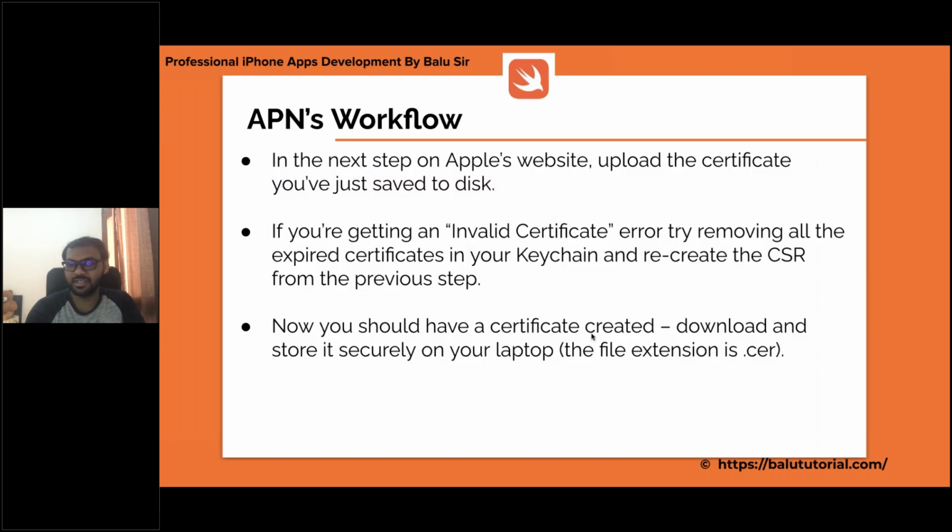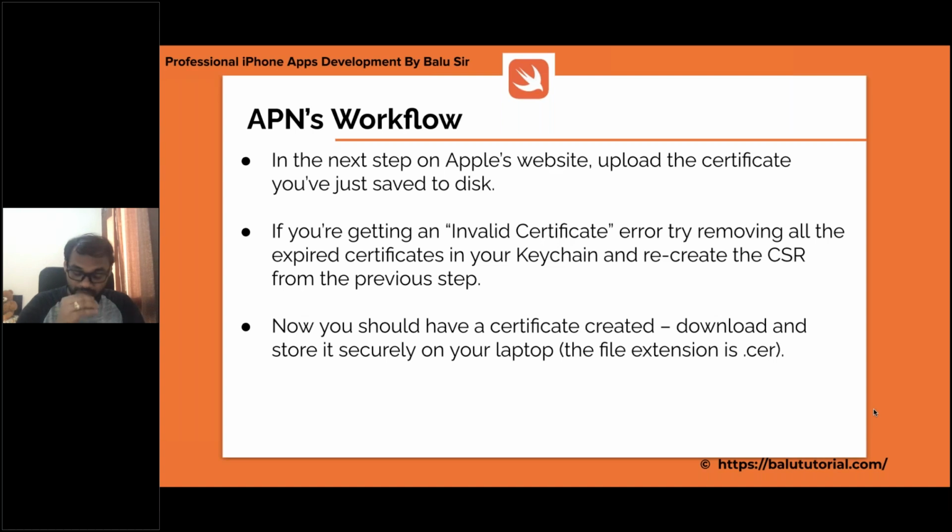Once you downloaded this certificate, then you have to upload it again. So go back in the next step. On the Apple website, upload the certificate you just saved on disk. If you are getting an invalid certificate error, try removing all the expired certificates in your keychain and recreate the CSR from the previous step. Now you should have a certificate created, download and store it securely.